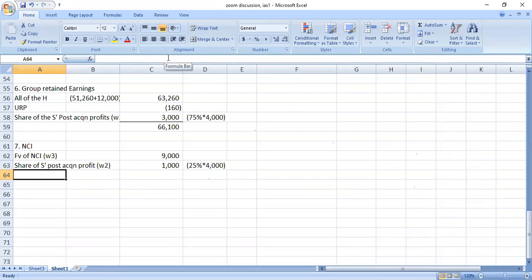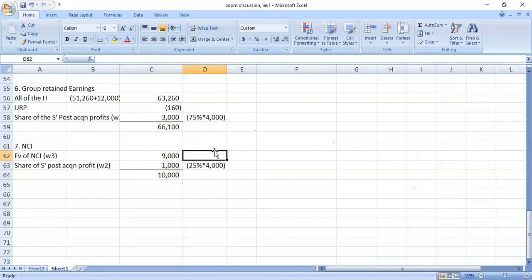Unless there was impairment also, but since we are using fair value, the NCI does not suffer impairment. The impairment is suffered by the parent only. Hence we add this, and you have 10,000 for NCI.